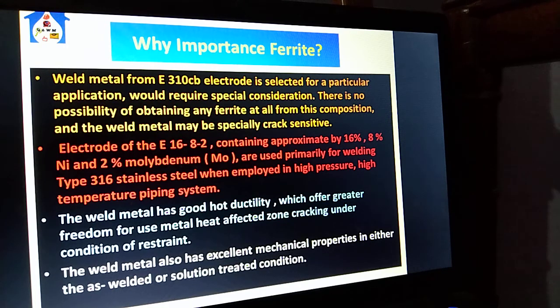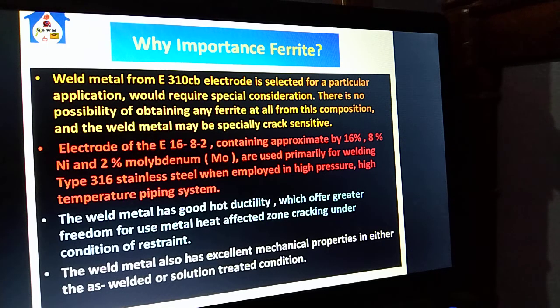Weld metal from an E310 Cb electrode, if selected for a particular application, would require special consideration. There is no possibility of obtaining any ferrite at all from the composition, and the weld metal may be especially crack sensitive.